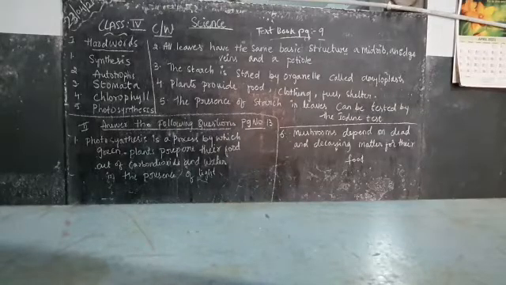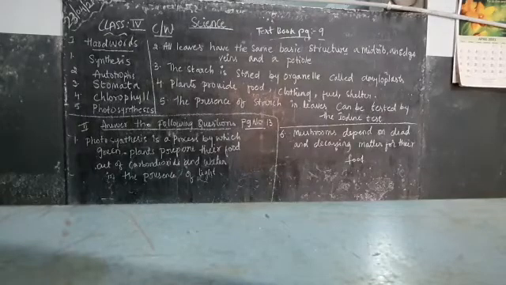Then fourth one, mention 3 uses of plants. It is asking to tell any 3 uses of plants. So the fourth answer is, plants provide food, clothing, fuel, shelter. Fifth question, how can we prove that there is starch in the leaves?